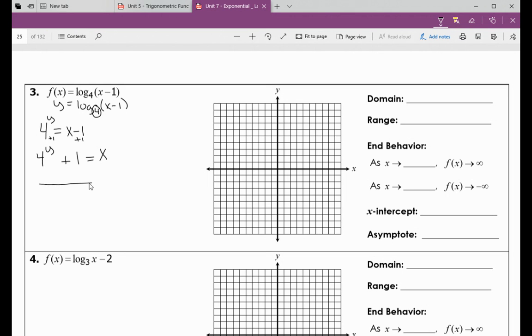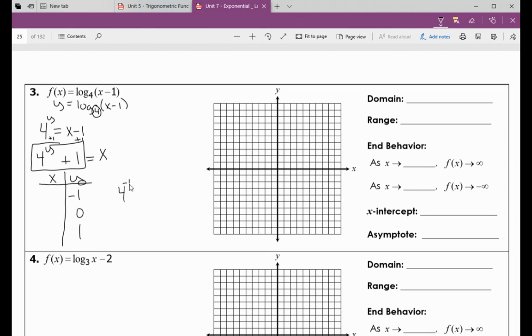Now, what I'm going to do is start with my favorite three numbers, and that would be -1, 0, and 1. And I'm going to plug that into this equation for y and figure out what the related x is.